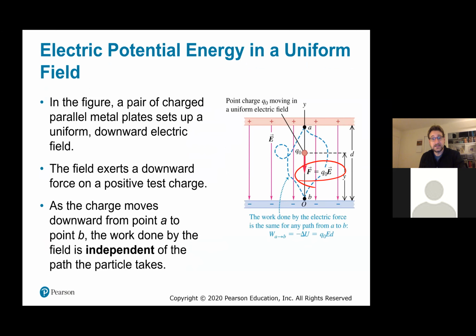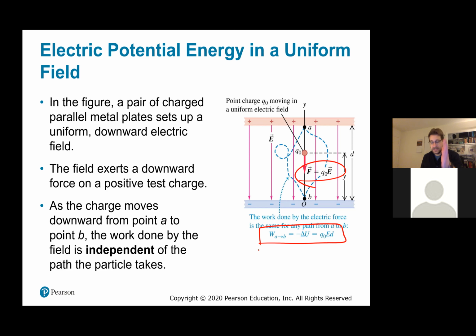The field is just a scalar multiple away from the force. So the electric force that we're talking about, the electric field that's pushing this charge, is conservative. So we can happily define a potential energy change because we're talking about a conservative force.